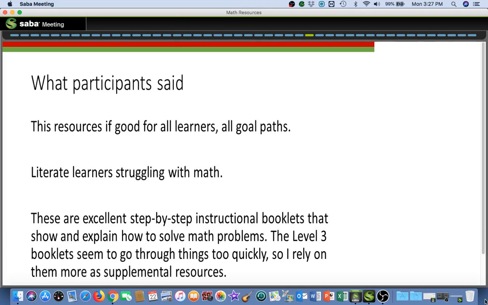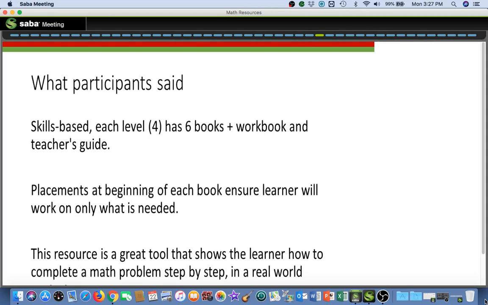This is what people said about that particular resource. Great for all learners, all goal paths, step-by-step instructional booklets. Level 3 might be not quite as in-depth as necessary. Good to know. Next slide, please. Skills-based.